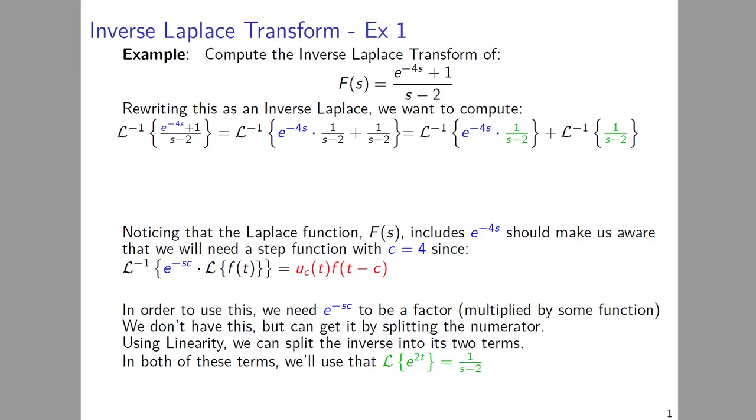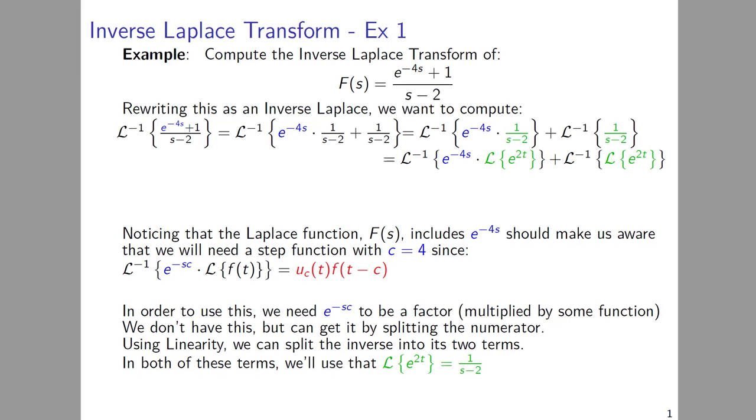But first, let's make the observation that in both of these terms, we will need to use that the Laplace transform of e^(2t) is 1/(s - 2), which is showing up in both terms. So we can rewrite this as the Laplace inverse of e^(-4s) times the Laplace transform of e^(2t) plus the Laplace inverse of the Laplace transform of e^(2t).